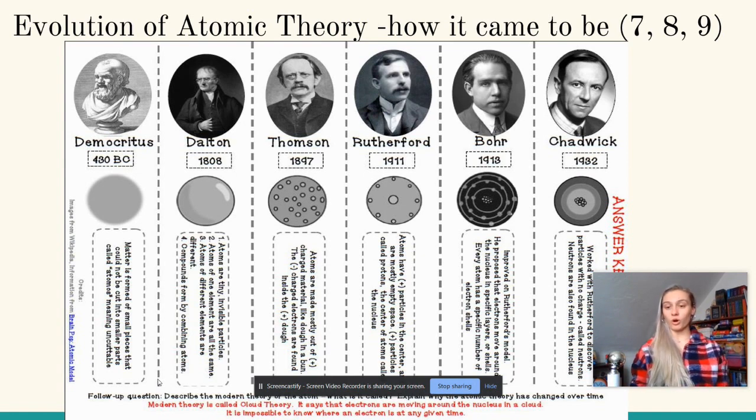And then we have Bohr, which, fun fact, I might put this as an extra credit question because, I don't know, I'm obnoxious. I might put this as an extra credit question on the test. Niels Bohr, this guy right here. That's Niels Bohr. He shares a birthday with me. He was born on October 7th in 1840 or something.